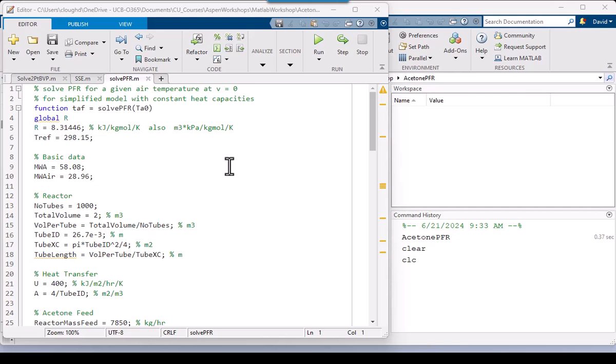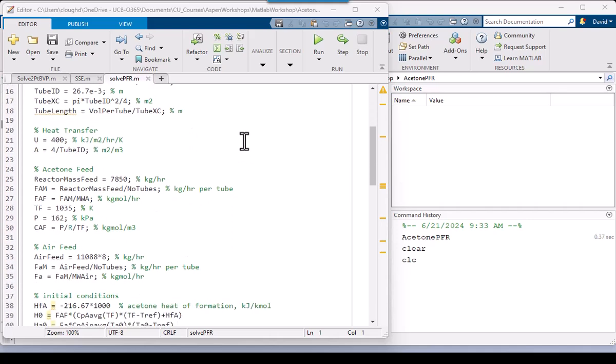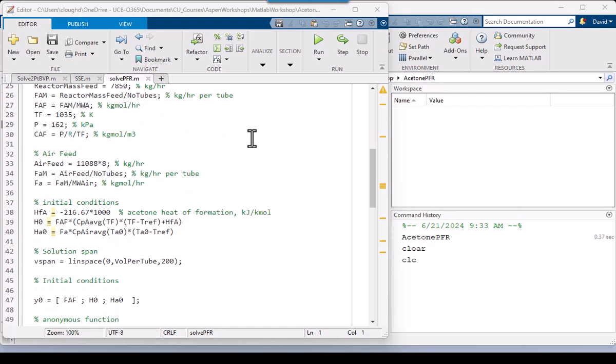This routine looks very similar to the one for the simplified model, at least with the beginning of the script here, setting our basic data, reactor dimensions, heat transfer parameters, operating conditions in terms of the feed rates, and then things change because what we're doing here is we're setting initial conditions in terms of the H values for our reacting stream and our air stream, and needing for the reacting stream the heat of formation of acetone to give us our initial value here.